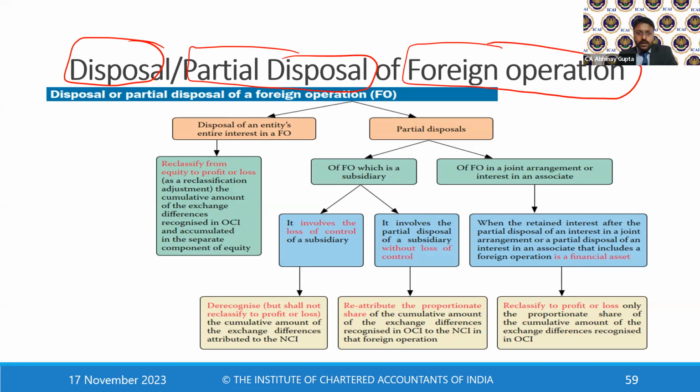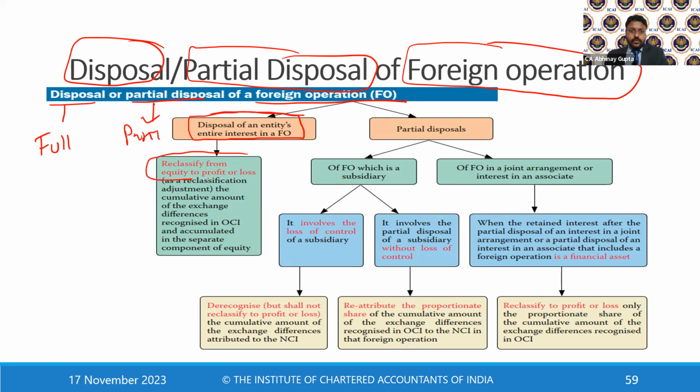Now, let's do a detailed analysis of this. In what situations, what needs to be done. So disposal or partial disposal of a foreign operation. So either it will be a full disposal or it will be a partial, right? Now, if it is disposal of an entity's entire interest, that is full disposal, then what will happen?